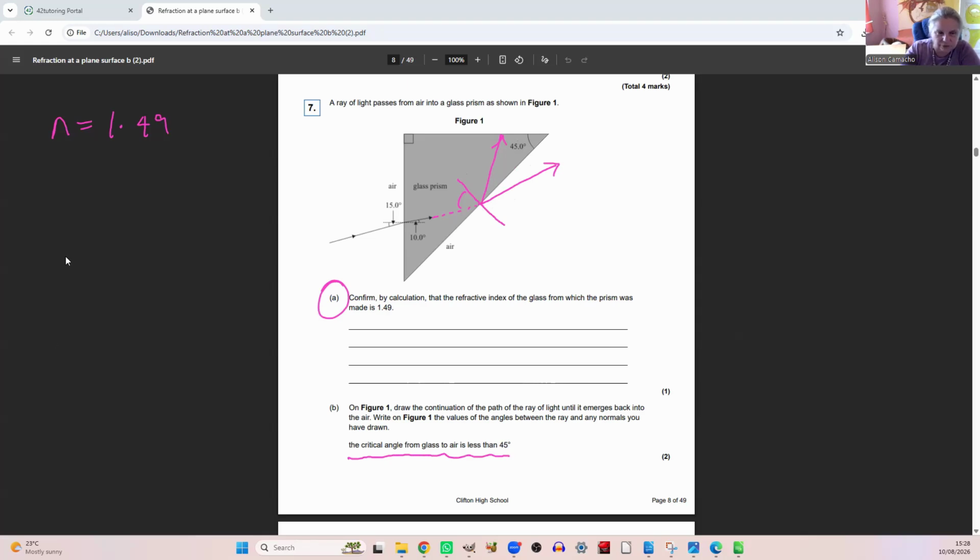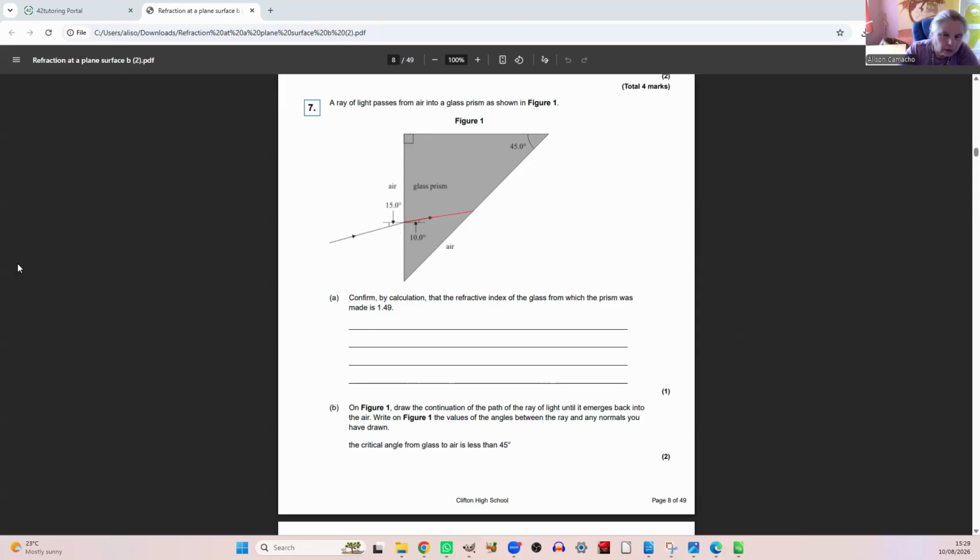Right, so let's clear all my drawings a minute. My critical angle is less than 45 degrees. Now I'm going to go for a very thin line and I'm going to make it red and I'm going to extend this ray until it hits here.